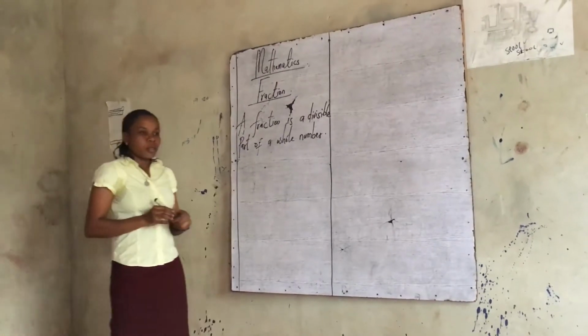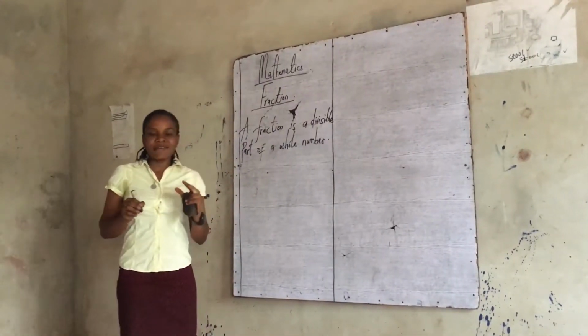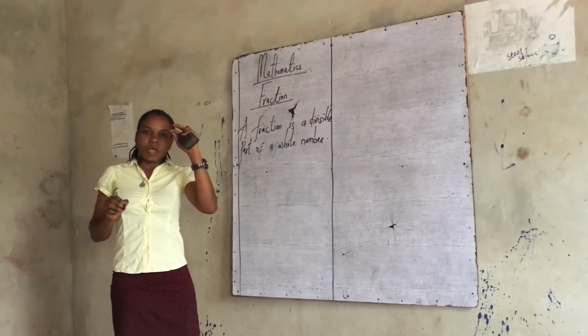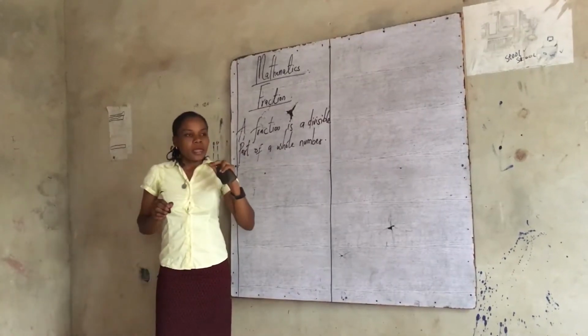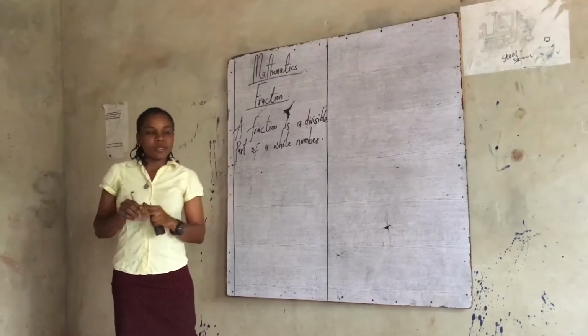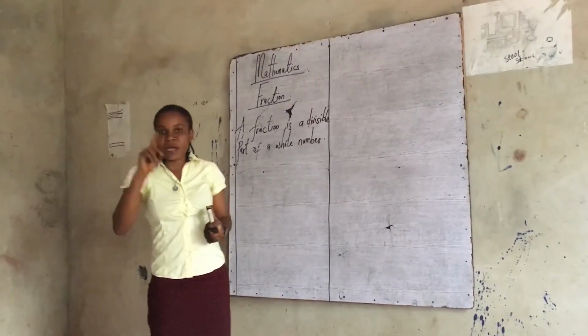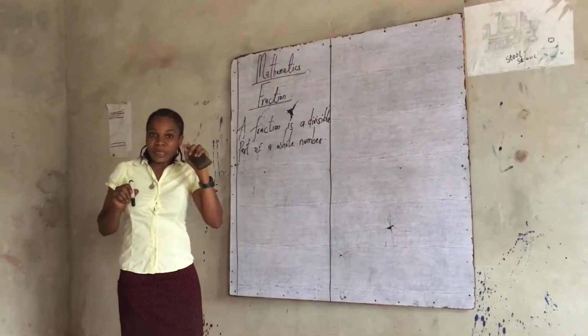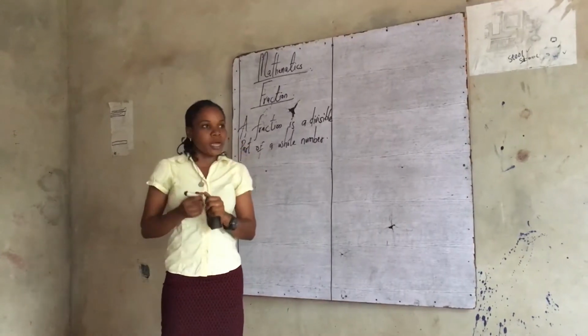Now, every fraction has an upper number, a division sign, and a denominator, except one type of fraction, which is the decimal fraction. But we are still coming to that.